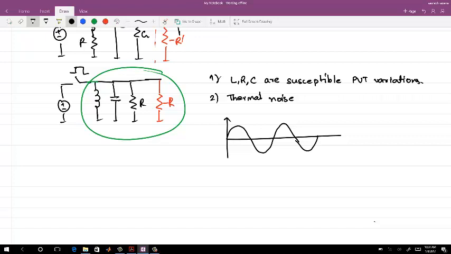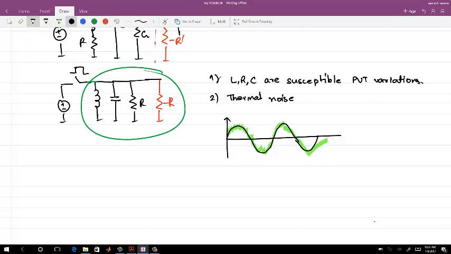The question is, this frequency depends on your L and C, right? If your L and C are not the correct values which you want, then this frequency will be different. Let's say that is okay, we will deal with it. The next thing is, as soon as you have a resistance in the system, you will have noise riding over it everywhere.